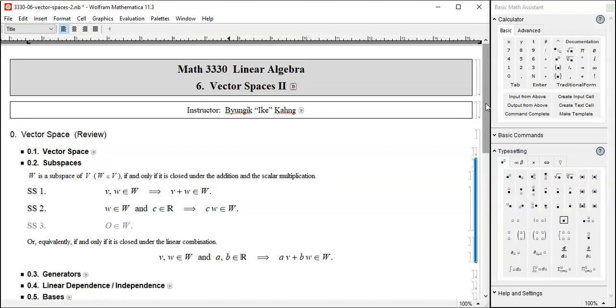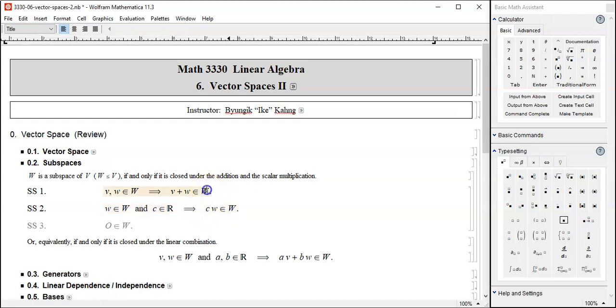The next topic we considered was the subspace. A non-empty subset of a vector space V is called a subspace if it is a vector space on its own with respect to the same algebraic operations. So the W must have well-defined addition, or close on the addition, and well-defined scalar multiplication, or close on the scalar multiplication.